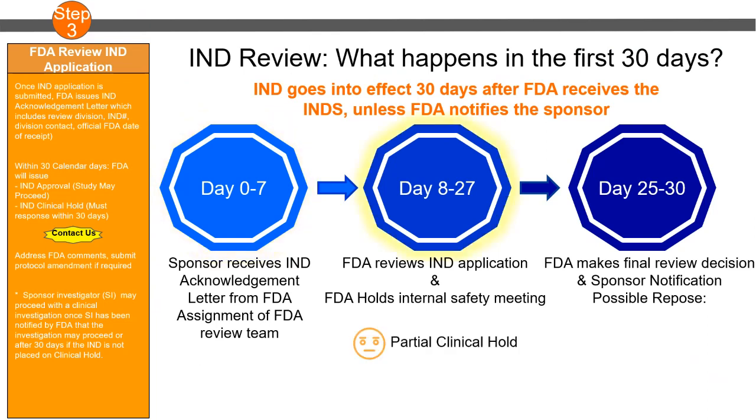Between day 8 and 27 of the submission is when FDA reviews the application and holds internal safety meetings. During the application review, FDA may request document revisions, explanations, or answers to specific questions with a typical 24 to 72-hour turnaround time, that is partial clinical hold.